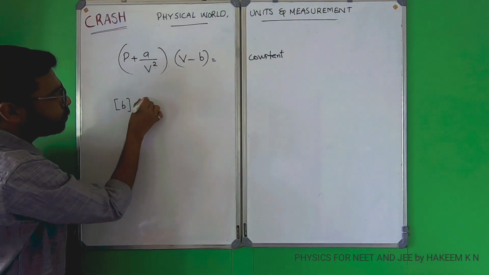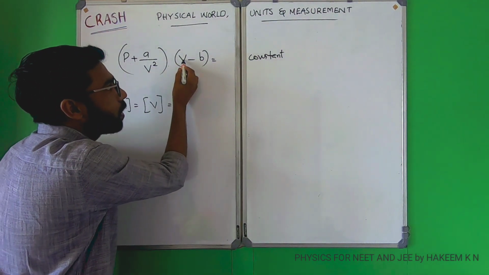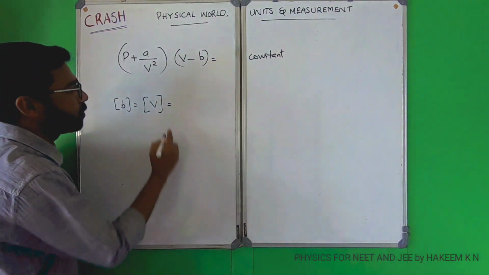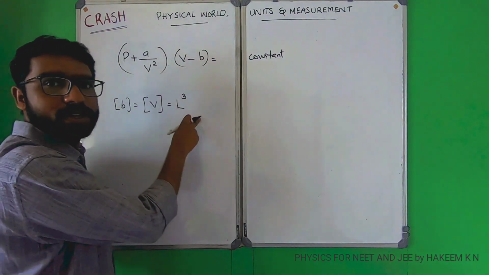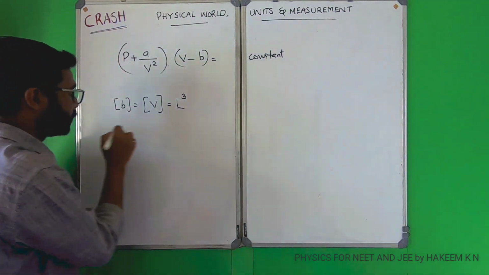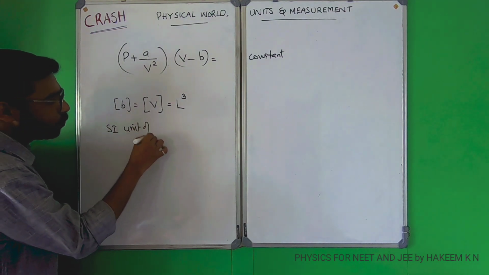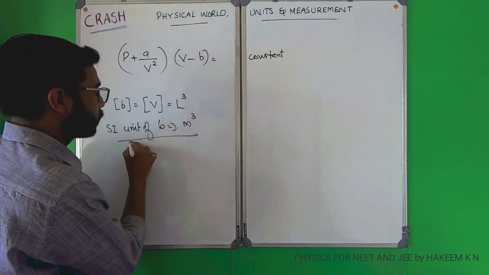The dimension of B should be equal to the dimension of V, volume, because each term should have the same dimensions. Volume unit is meter cube and its dimension is L cube. So the SI unit of B is meter cube.